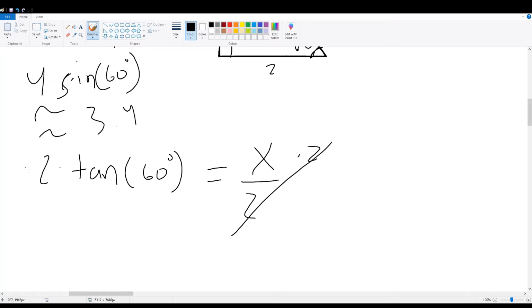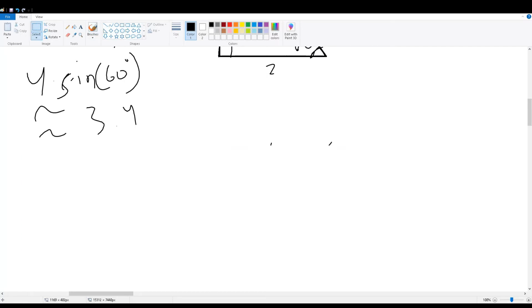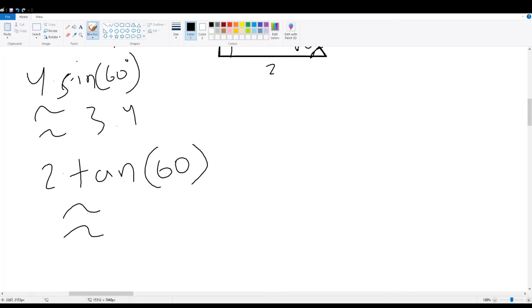Let's plug that in, and we get 3.4 again. So 2 times the tangent of 60 degrees is approximately equal to 3.4.